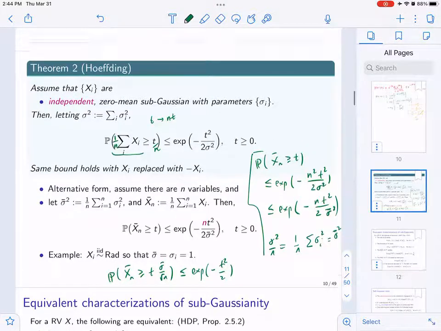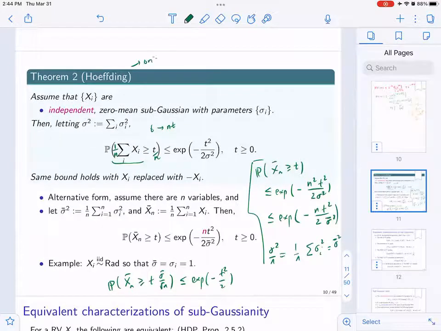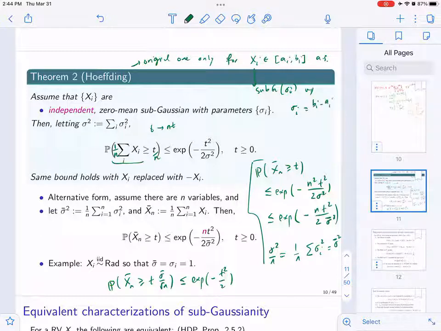Okay. The original one is only for xi in [ai, bi] almost surely. And then we can apply it with their subgaussian sigma i, with sigma i being (bi minus ai) over 2.